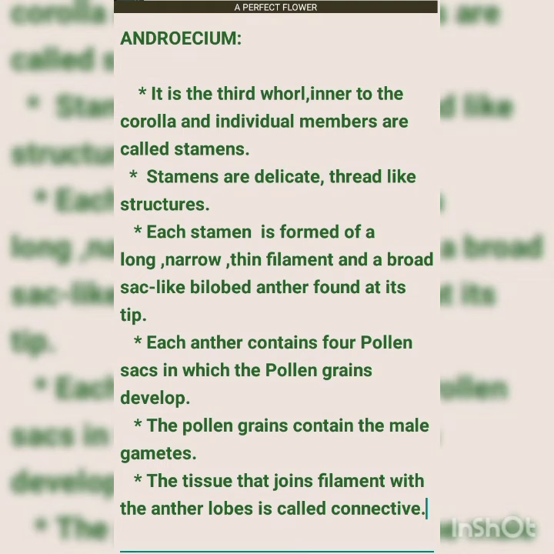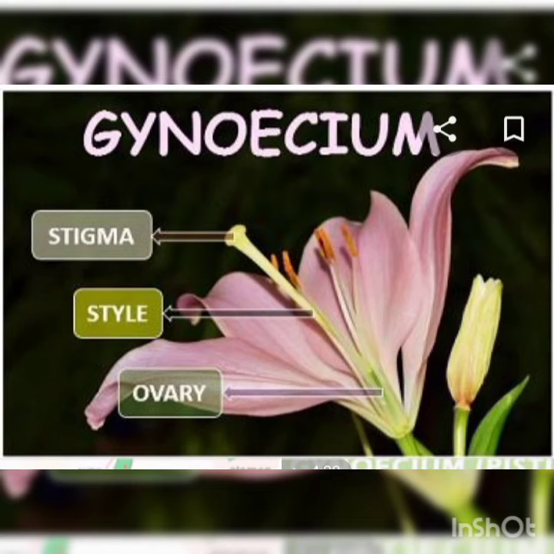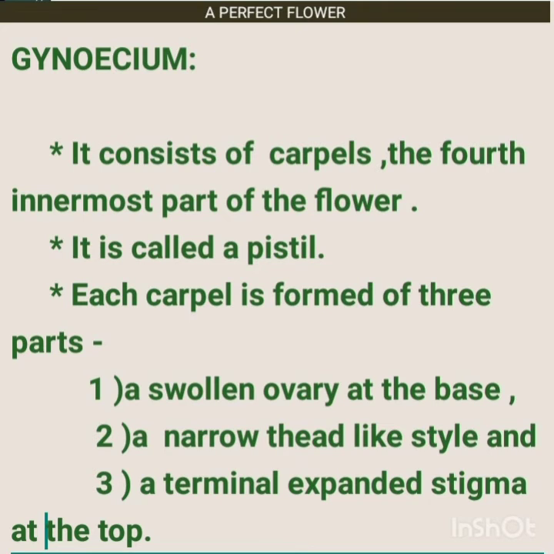Then gynoecium. The innermost part of the flower is the gynoecium, which is also the fourth whorl. It is also called a pistil. Each carpel is formed of 3 parts: one is a swollen ovary at the base, second, a narrow thread-like style, and third, a terminal expanded stigma at the top.